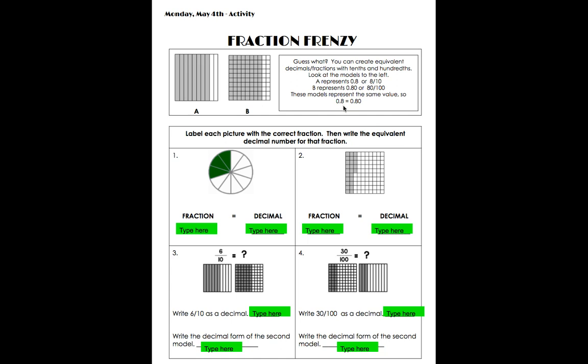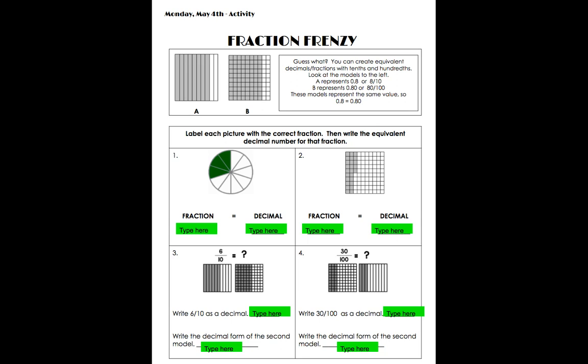So 8/10 is the same thing as, read the number, 80, and then it ends in the hundredths place. So that's 80/100ths. 8/10 covers up the same amount of our whole as 80/100ths. So those are equivalent decimals or equivalent fractions, whichever way it is written.